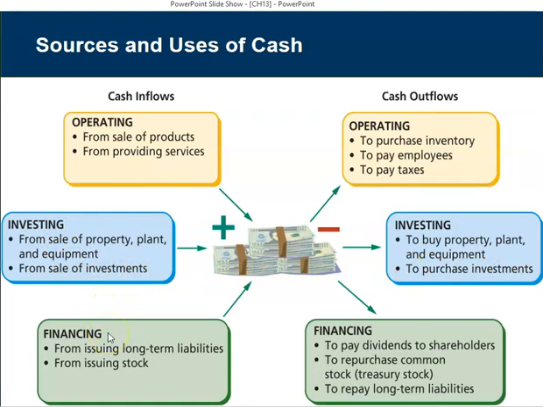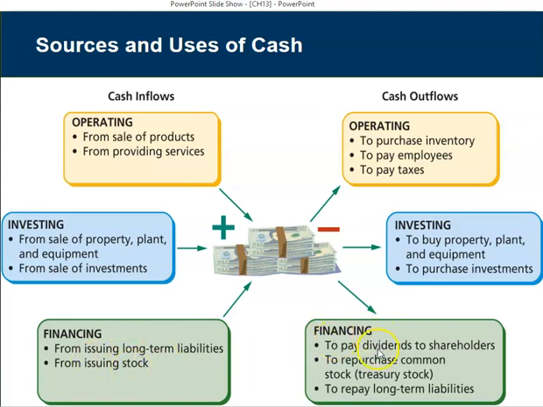We have our financing examples here. Issuing long-term liabilities. What they're talking about here is either issuing a note payable to a bank, for a period of more than 1 year, or bonds. And again, we haven't discussed bonds. You'll get into that later. And then issuing stock.